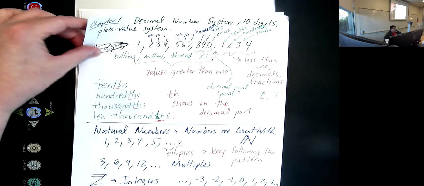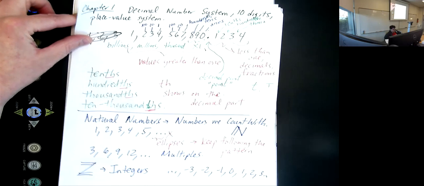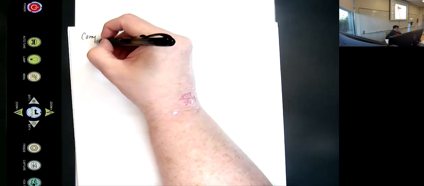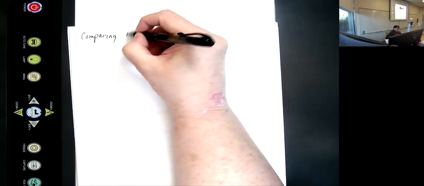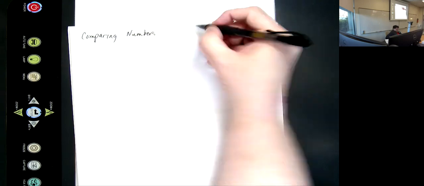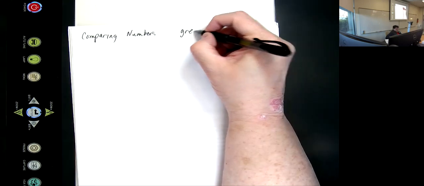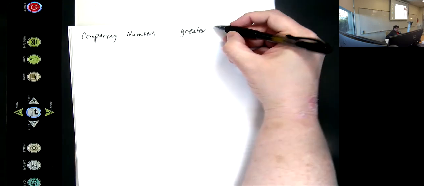All right. Does anyone need this longer? All right. So comparing whole numbers. How to compare numbers, like greater or less than, that's what I mean by compare, not like which number do I like more.